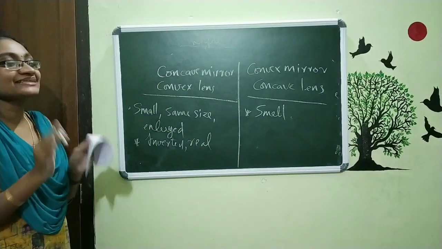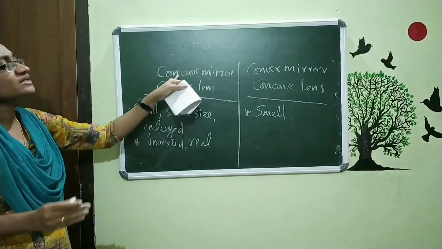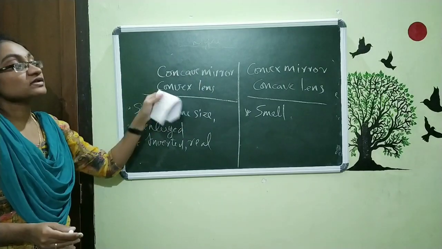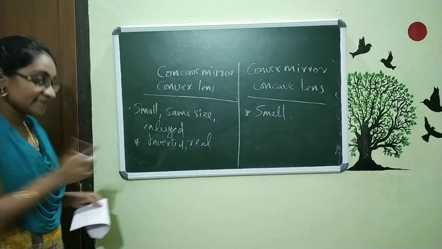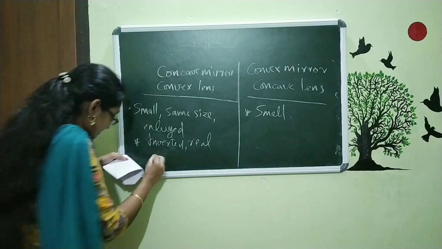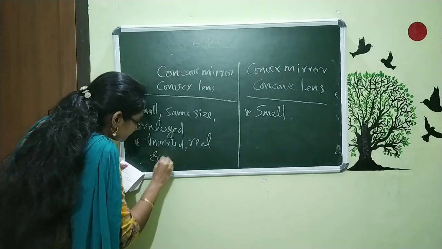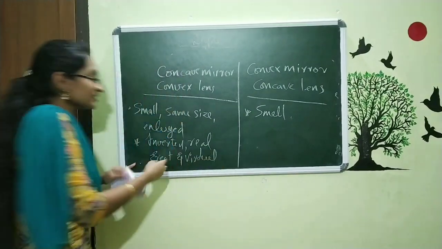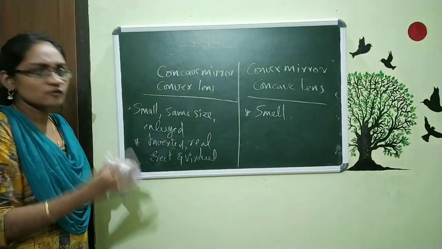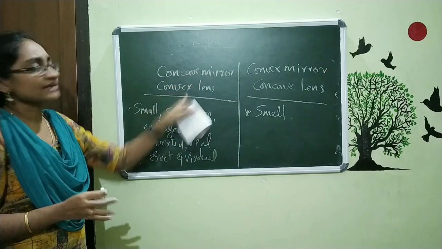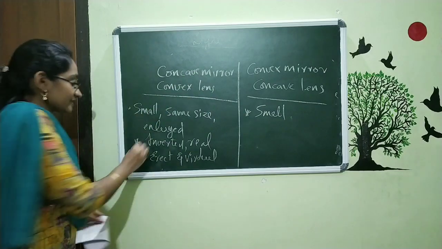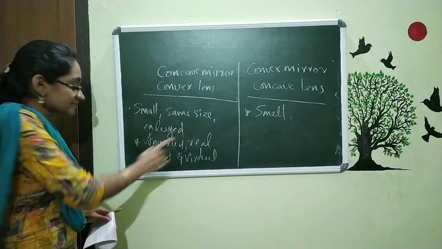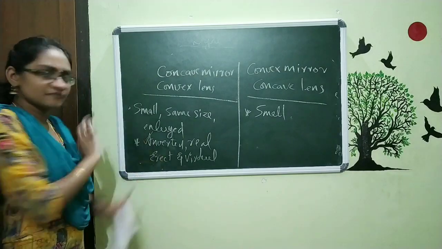And when we place our object very near to the concave mirror or the convex lens, what do you get? You will get another result, that is erect and virtual. This is for the very close position of our object to the mirror and lens. So you will get inverted and real for the other cases, and here you get a different result.